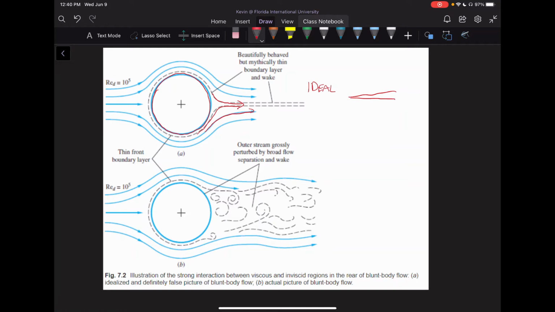So if we had a flat plate, you would have the same type of flow. You have no disconnection, everything is working fine, and everything is great. Now, in real life, this doesn't actually occur.